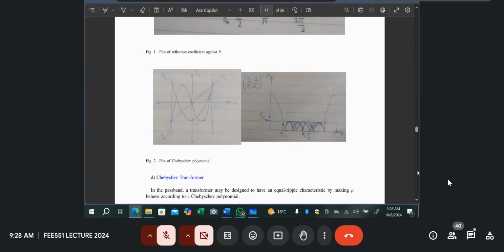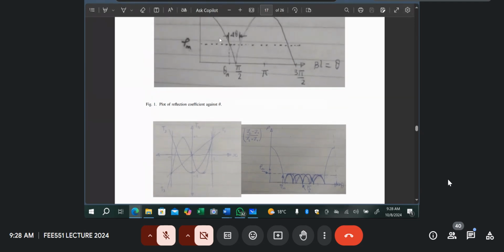So you can see from here, comparing these two, figure 1 and figure 2 on the right, at the point theta m beyond pi over 2, you're actually able to achieve equal ripple characteristics by designing that Chebyshev transformer. So in this case, you have actually expanded the bandwidth into which you can communicate.